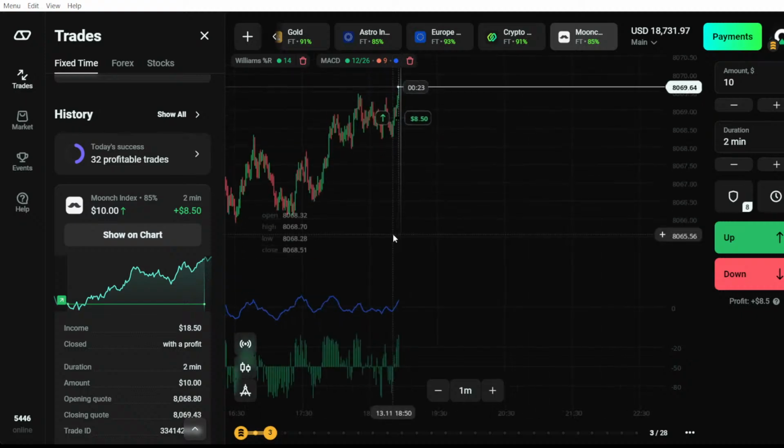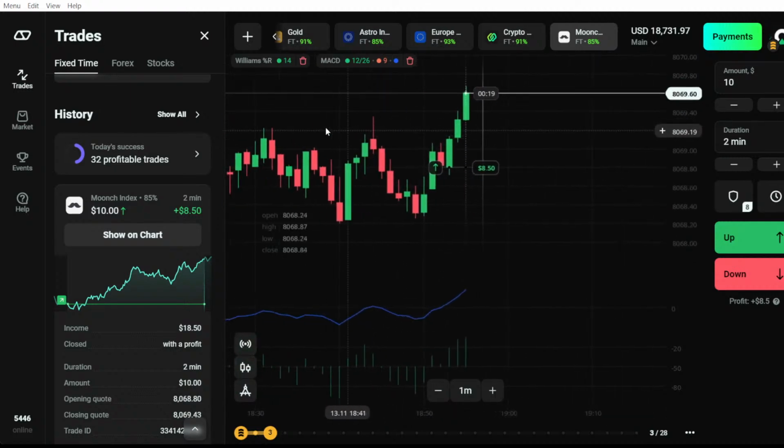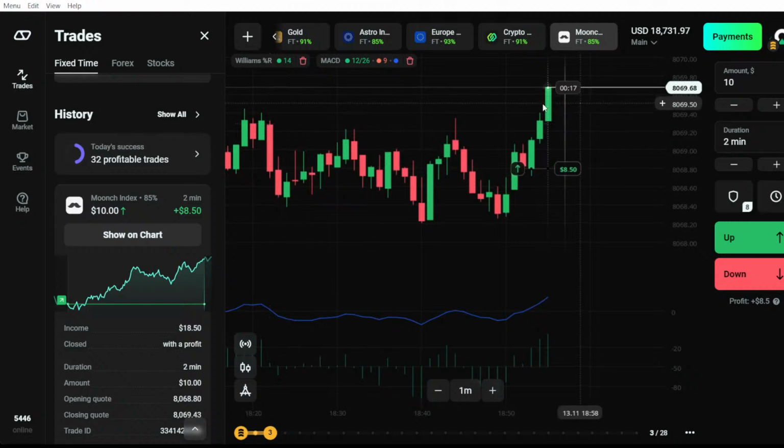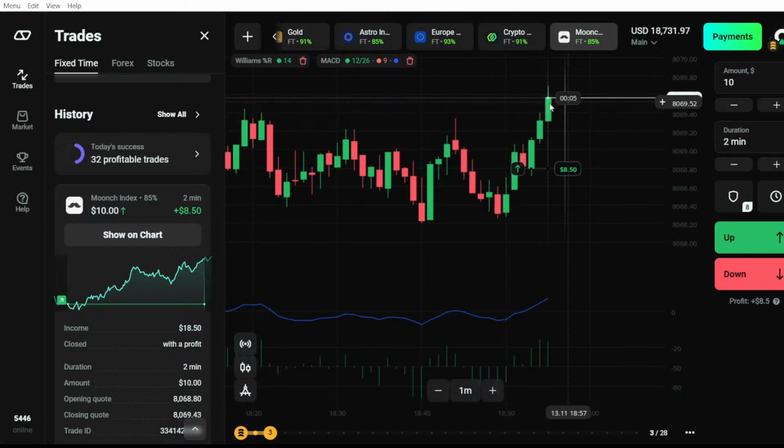So I believe that the market will go a bit higher for a couple of minutes, if this candle completes on the upper side of this level. In fact, the market has already crossed this level. So let's see how it went.